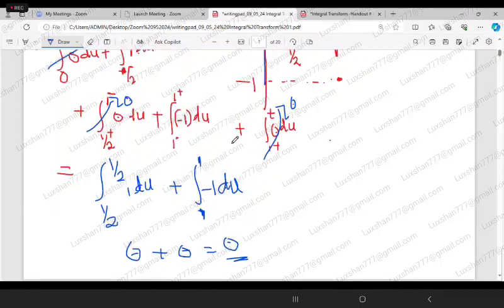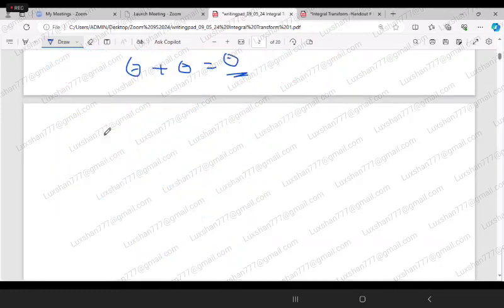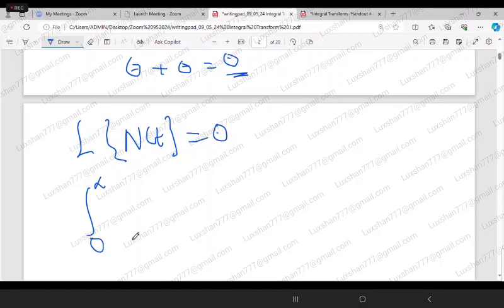Right? So in a similar way, if you have a null function, then the Laplace transform of a null function is always 0. Okay, so you can verify that. You can verify 0 to infinity e to the power minus st into the null function.